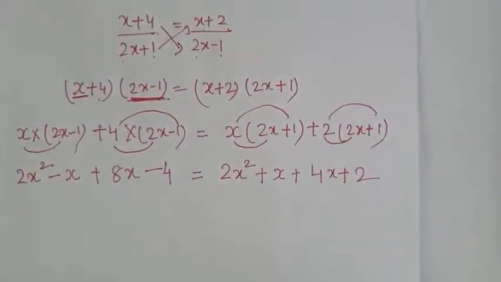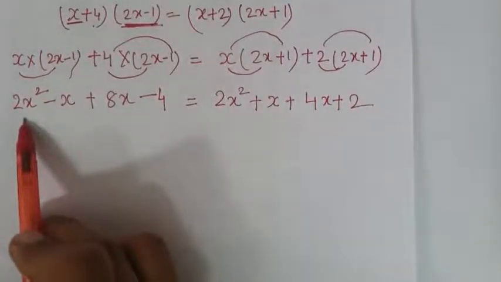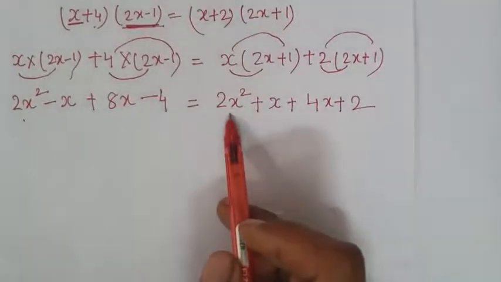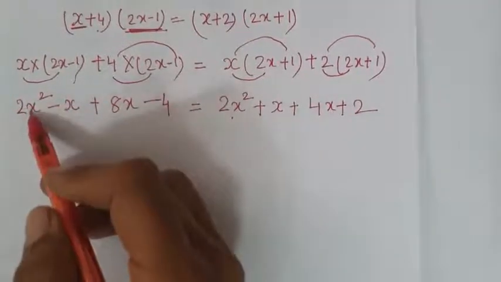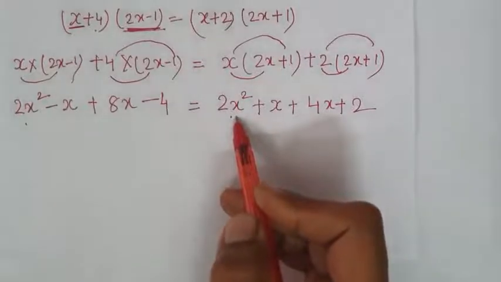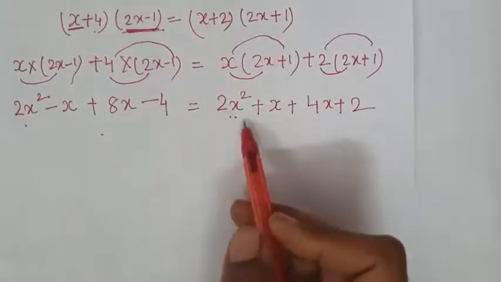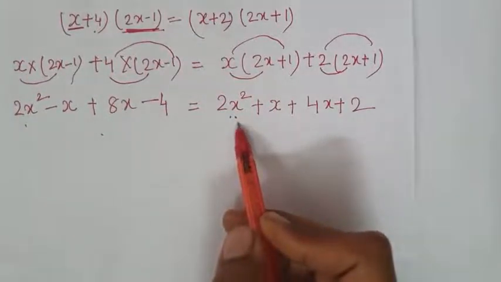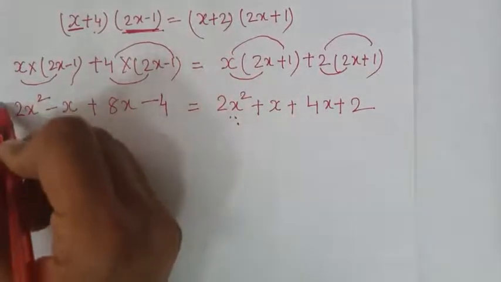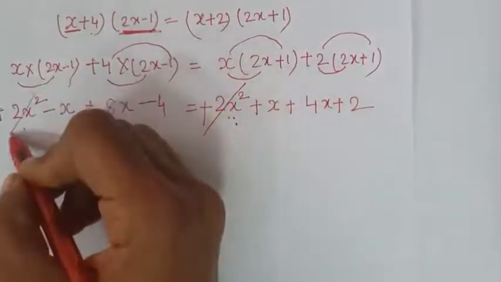Clear? Now see carefully, 2x square is here, 2x square is here. These two terms are the same, and always keep one thing in mind: if on the left hand side and on the right hand side the two terms are the same, and their sign is also the same, plus is here, plus is here, we can cancel them.